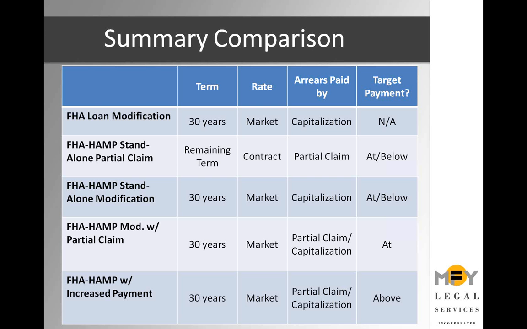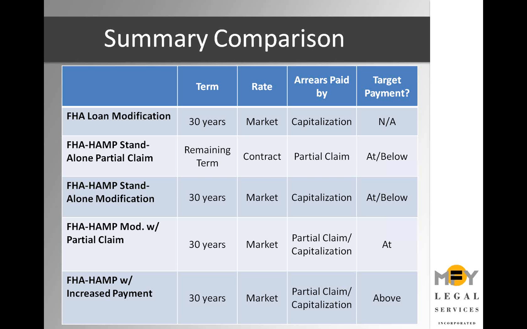Doesn't change the rate at all. The arrears in a standalone partial claim are covered by the partial claim. Basically, the partial claim reinstates the loan. And this will always produce a payment at or below the target payment. Of course, barring a pretty crazy coincidence, it's going to be below the target payment.